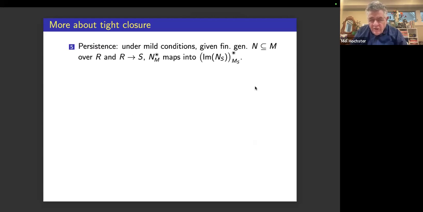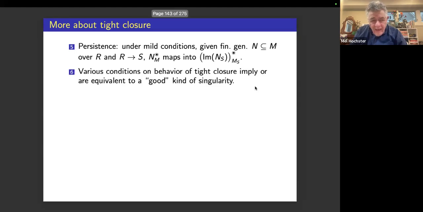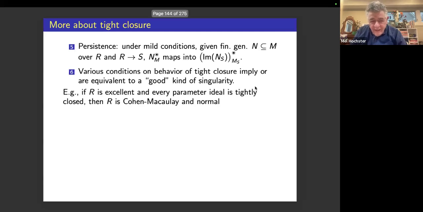Now, under mild conditions, a base change preserves tight closure, in the sense that if you start with something in the tight closure of N, after the base change it's in the tight closure of the image. And a lot of conditions on tight closure and closely related notions imply or are equivalent to a good kind of singularity. Because tight closure depends on Frobenius, this leads to the use of a lot of F-words.